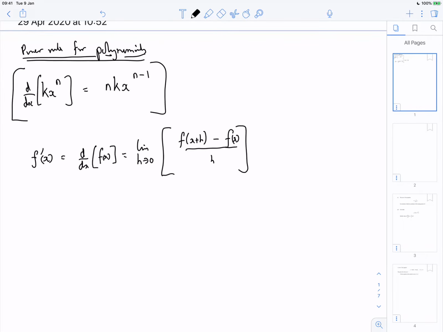And the reason for that is because when we're differentiating, we're finding the gradient of a function.